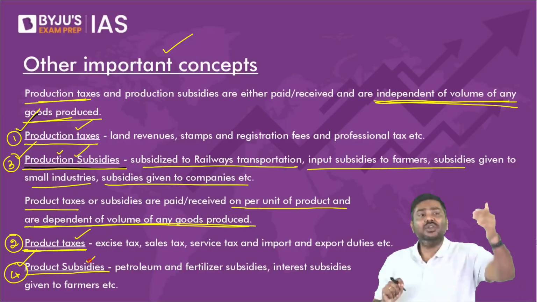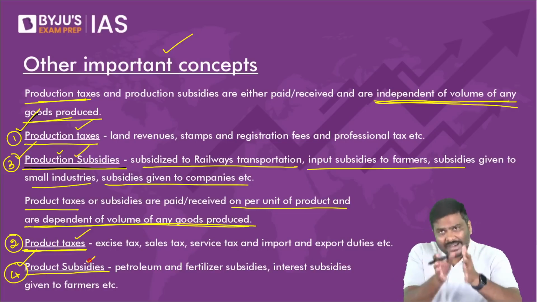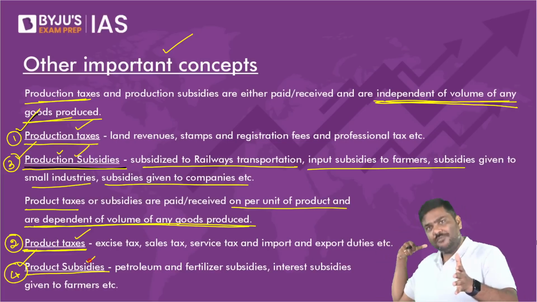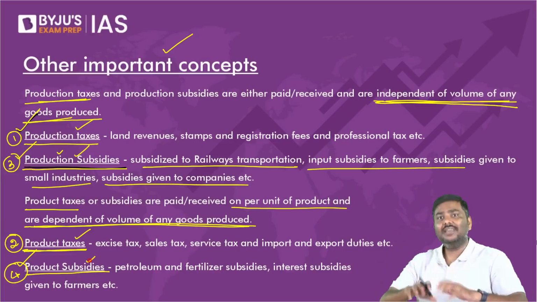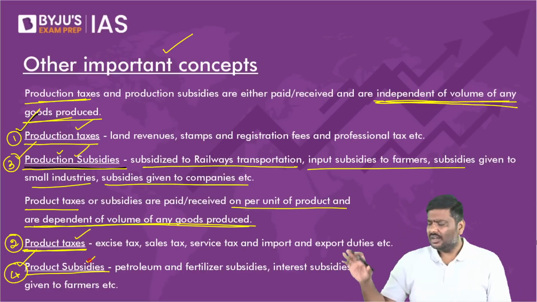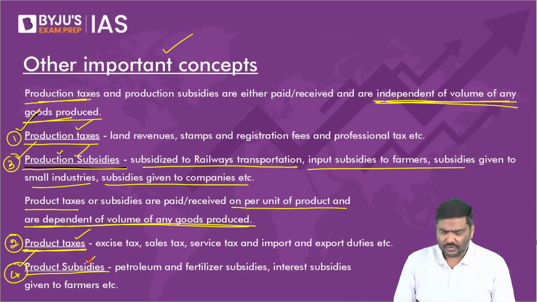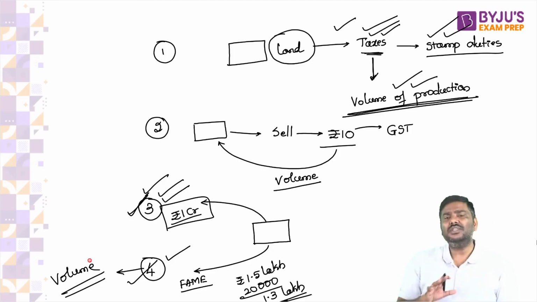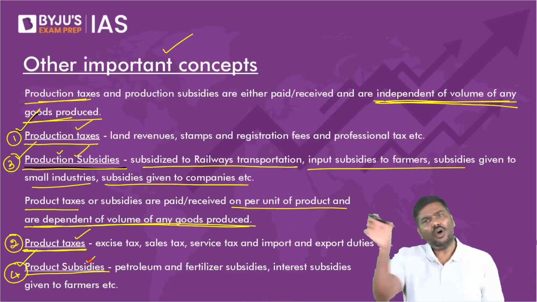Whenever you receive a subsidy independent of the volume of production, it is called a production subsidy. That is the basic idea. Do not complicate it. Even if you have not understood the examples, leave it. Can you understand at least this much? Dependent or independent?